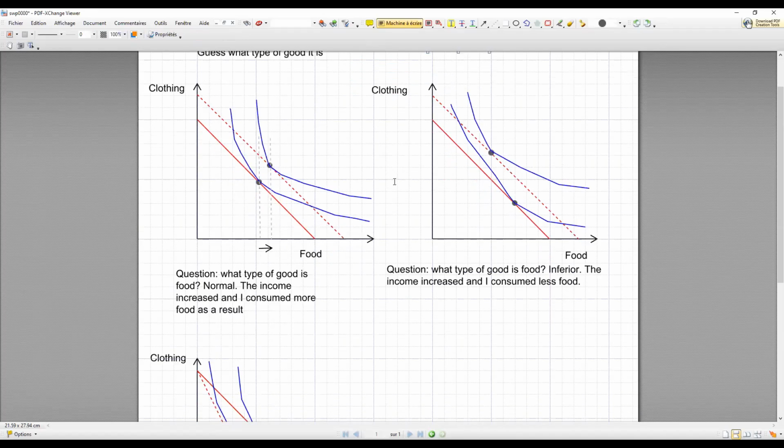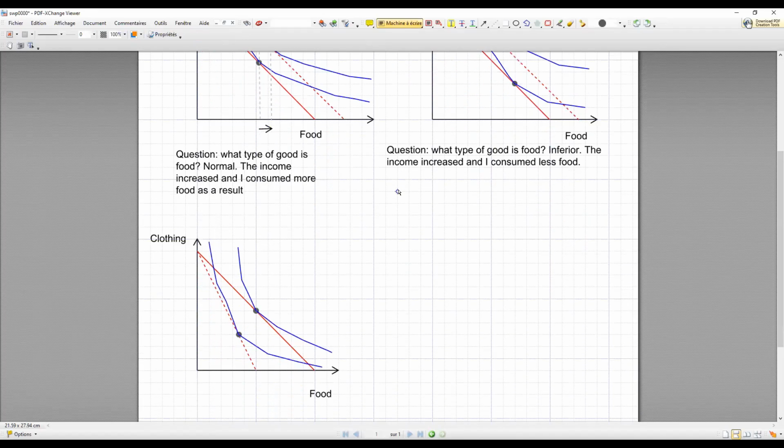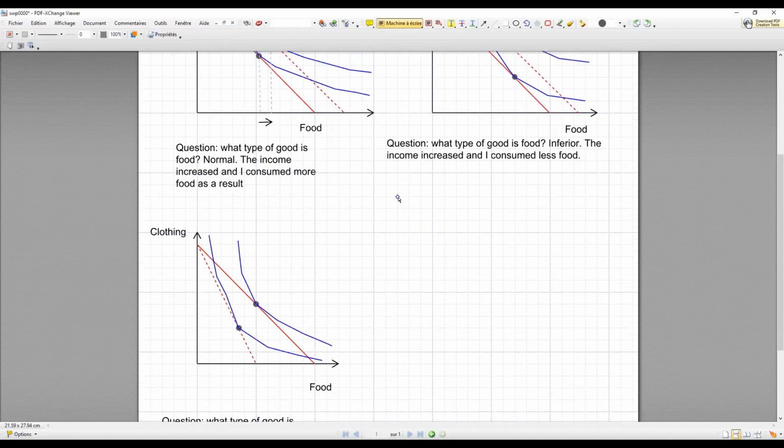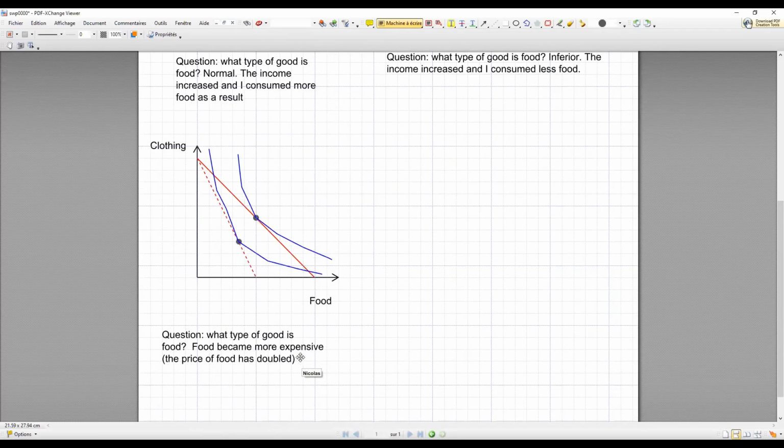Sir, I'm having a hard time understanding the last one. I don't understand why it doesn't show that you have less budget for food. Wait. Let me give you an example. Imagine that I have $10 and each sock costs $1. How many socks can I buy? I can buy 10.